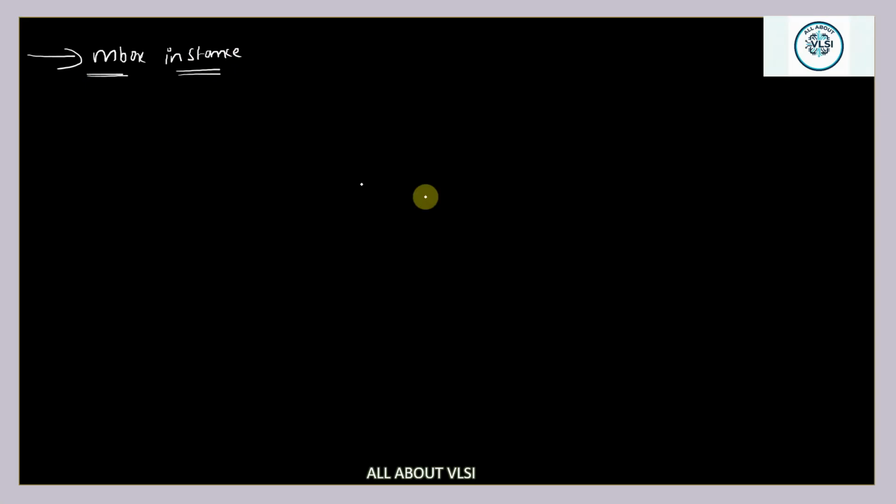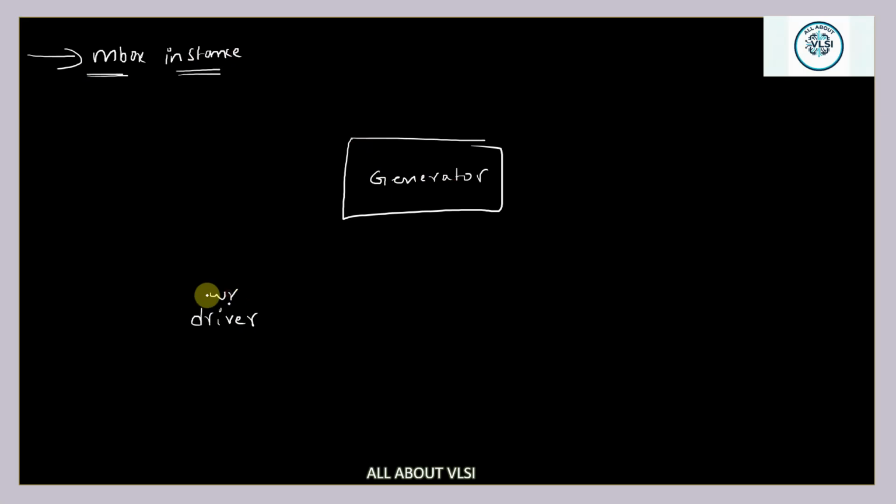Okay. Now, if you're going to have different components, like in our example, we have a generator and we have a driver which is present over here. Precisely, it is the write driver, right? Now, these two want to communicate with each other using a mailbox.